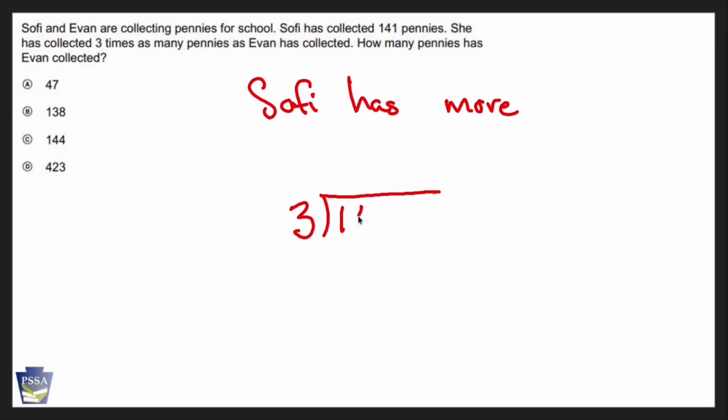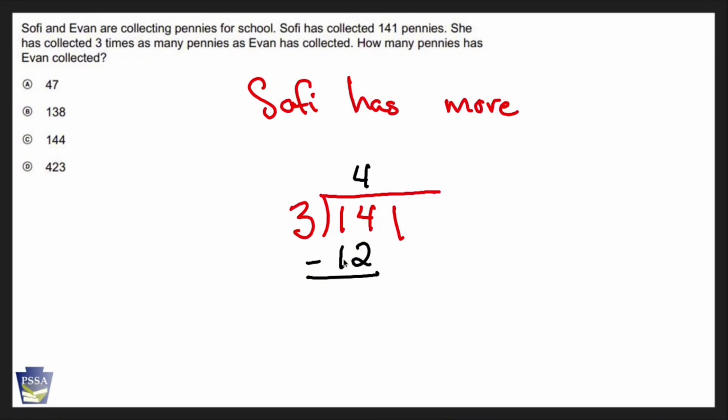So we're going to do some long division. So we need to find out what times 3 is 141, and that's Evan. Now, when you look at the answers, I think you're going to know what it is, but let's just do it anyway. 3 goes into 1 0 times. 3 goes into 14 4 times because 4 times 3 is 12. Write it out.